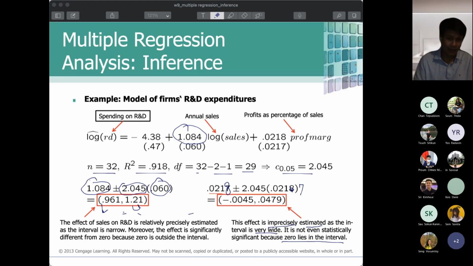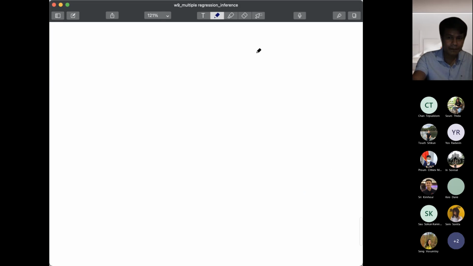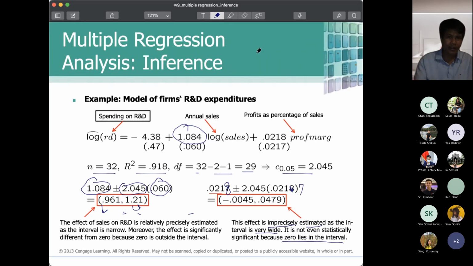Following me, class, with confidence interval? I will stop here for the lecture. We're going to move to a hands-on exercise using data.